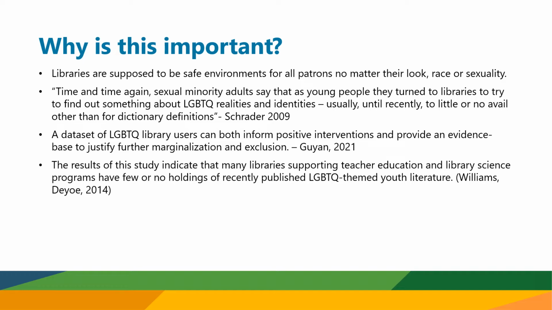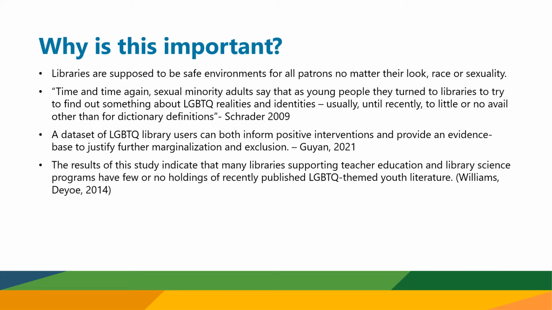So why is inclusivity important? Libraries are supposed to create a safe environment for all patrons, no matter their look, race, sexuality, gender. It should be a safe place for everybody, and it is what people see as a safe place.